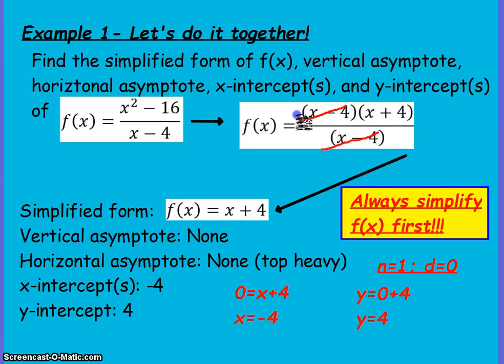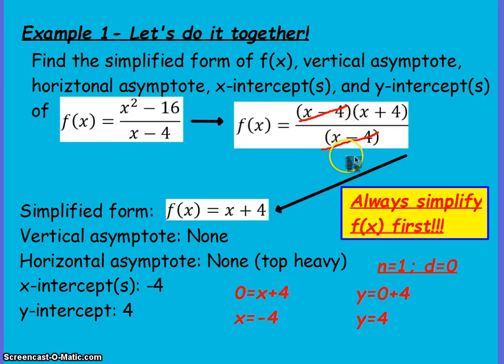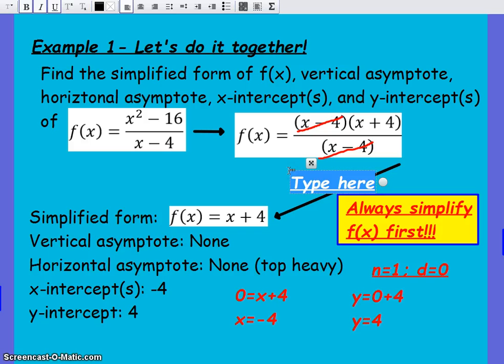There was a factor of x minus 4 in the numerator and the denominator, and we were able to cancel those out. And it just so happened that we also had a hole. There was a hole at x equals 4. So if we were to take that factor that was in the numerator and denominator, set it equal to 0, and solve, what we get is the location of a hole in our graph.